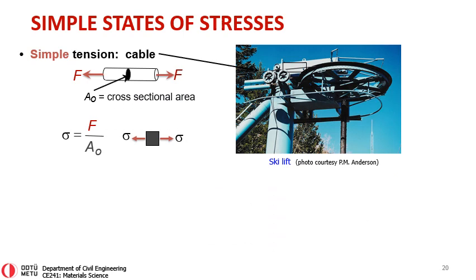Another example of simple tension is often seen in cables, and this is an example from a ski lift. In the ski lift you have a drive shaft. A motor is attached to this drive shaft, and it rotates this drive shaft, and as it rotates this big wheel, we have a cable that turns and carries the passengers from one part of a mountain to the other, so that they can ski downwards.